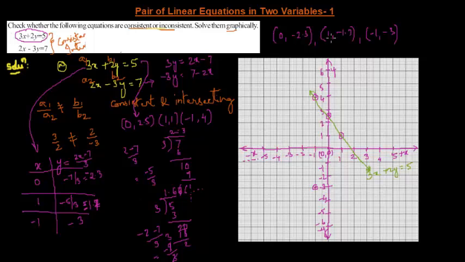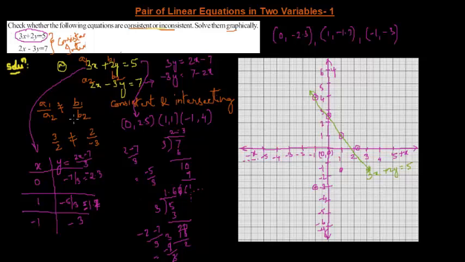Again 1 and minus 1.7. Again I have 0 and minus 2.3.